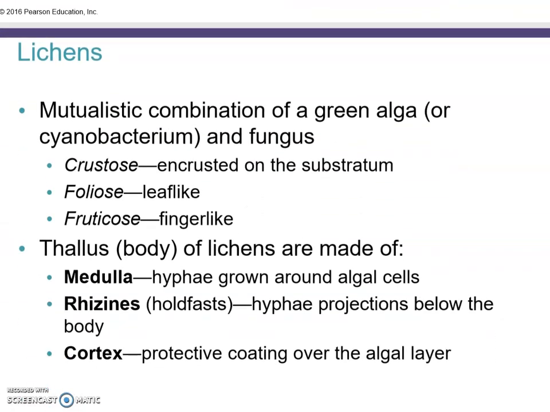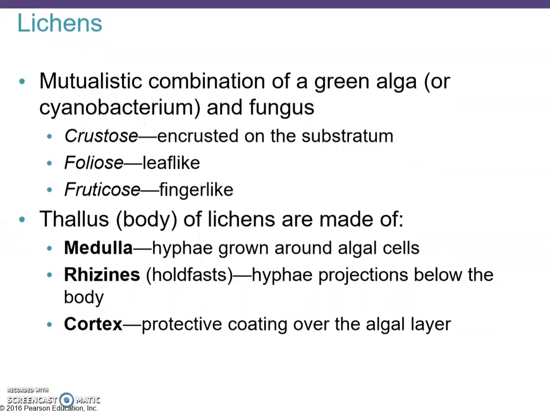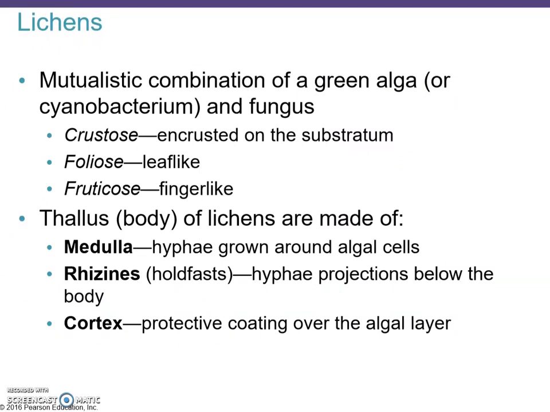Moving on to lichen. Lichen is a symbiosis of a fungus and a green alga. So a fungus is a heterotroph. It cannot photosynthesize, but it can grow in pretty harsh environments. So here's the deal. Fungus says to alga, hey, you can photosynthesize, so you can make food as long as you have some light.